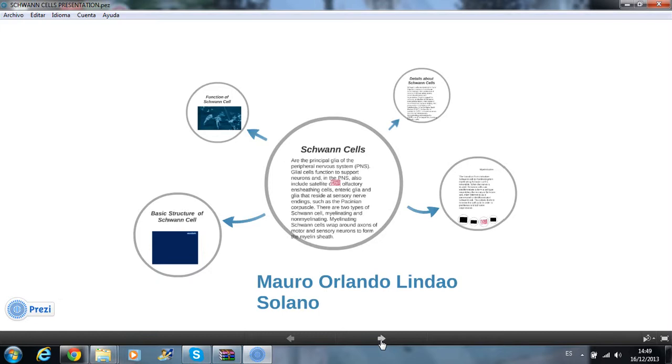There are two types of Schwann cells, myelinating and non-myelinating cells. Myelinating Schwann cells wrap around axons of motor and sensory neurons to form the myelin sheath.